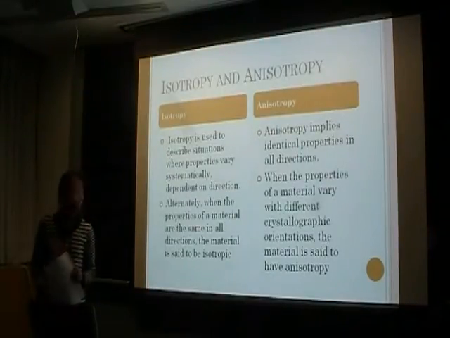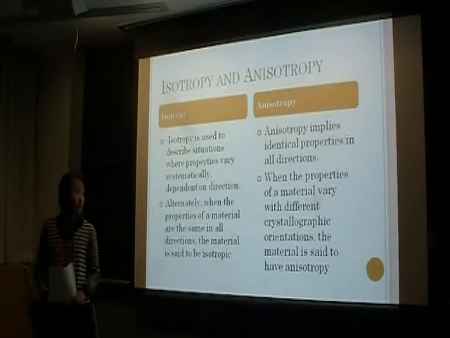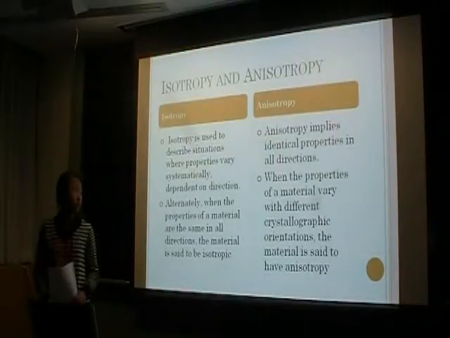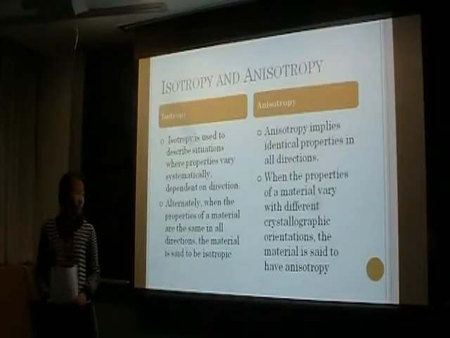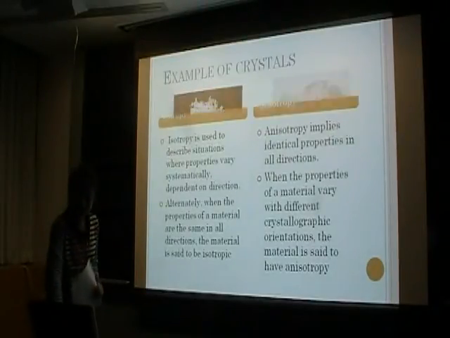And anisotropy is opposite to isotropy. Anisotropy implies different properties in different directions. When the properties of a material vary with different crystallographic orientations, the material is said to have anisotropy.